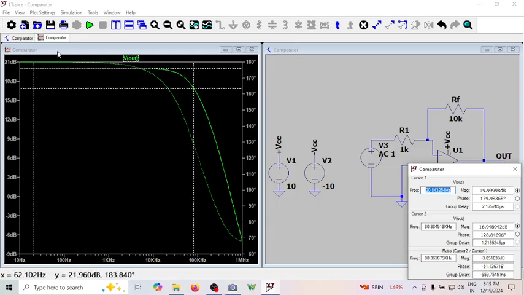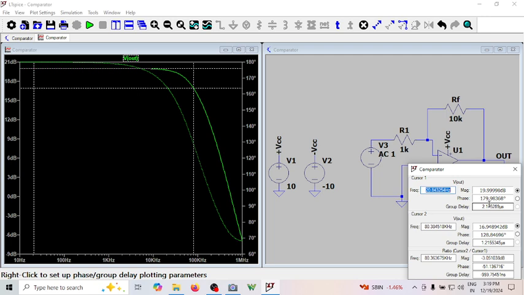The dotted line is phase and the solid line is magnitude, because this is the Bode plot, a frequency response having both magnitude and phase. The phase is 179.98, almost 180 degrees, and 180 degrees corresponds to the out of phase property. This is for a gain of 10.